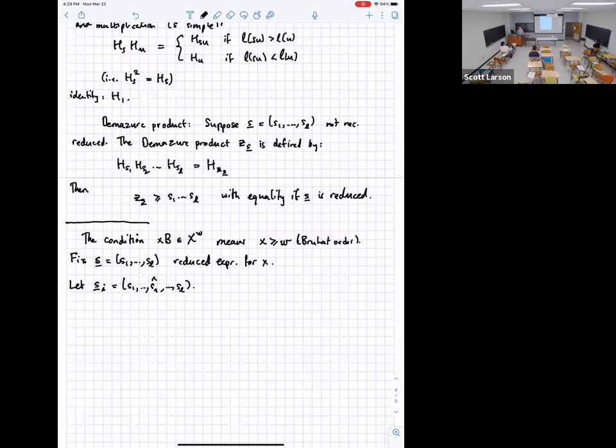That's because all these tangent spaces and everything lie in the inversion set of X inverse. So I'm going to let gamma 1 equal alpha 1, gamma 2 will be S1 of alpha 2, gamma 3 will be S1 S2 of alpha 3, and so on. And then the inversion set of X inverse is just the set gamma 1, gamma 2, up to gamma l.